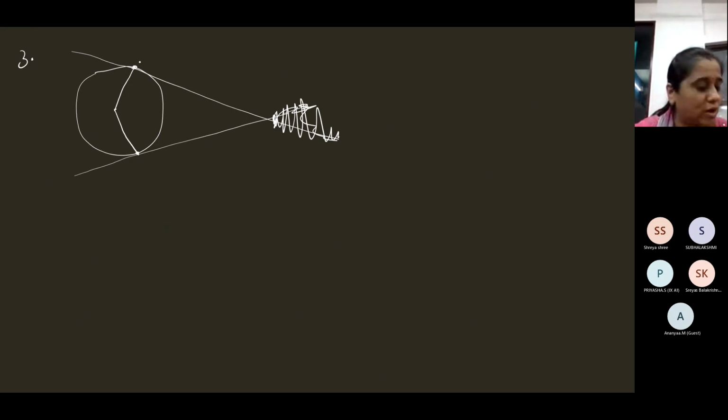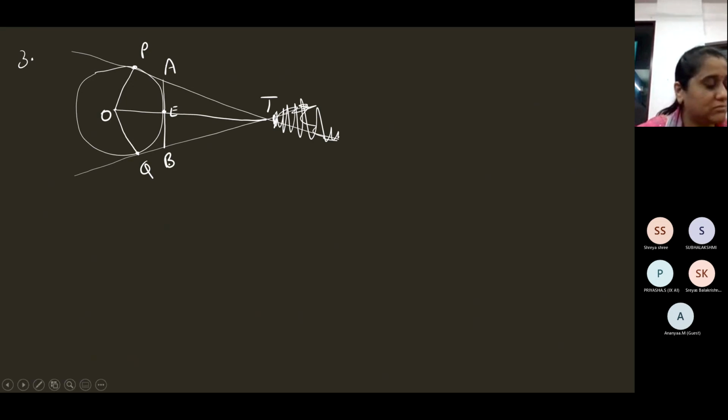These are tangents and the points of contact P and Q. AB is also a tangent at E. This point is T. AP, PO, OQ, BQ, EA, T.